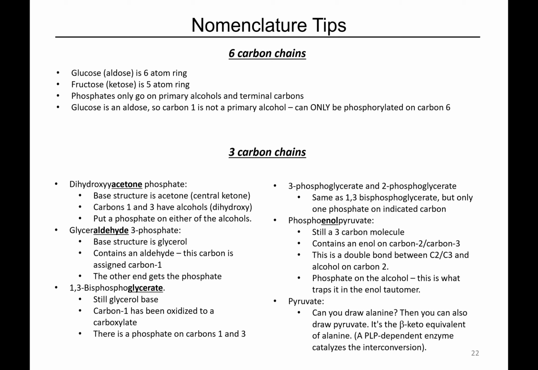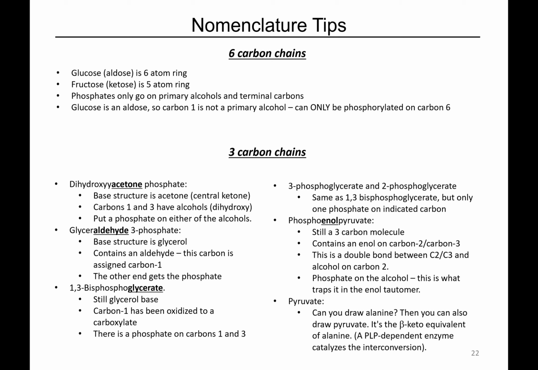I don't need you to draw out every phosphate group. That's just a waste. Unless you have to show a reaction, save yourself time and energy. You know what this means. Glucose 6-phosphate, fructose 6-phosphate, fructose 1,6-bisphosphate. On carbon 1 or carbon 6, carbon 6 first.